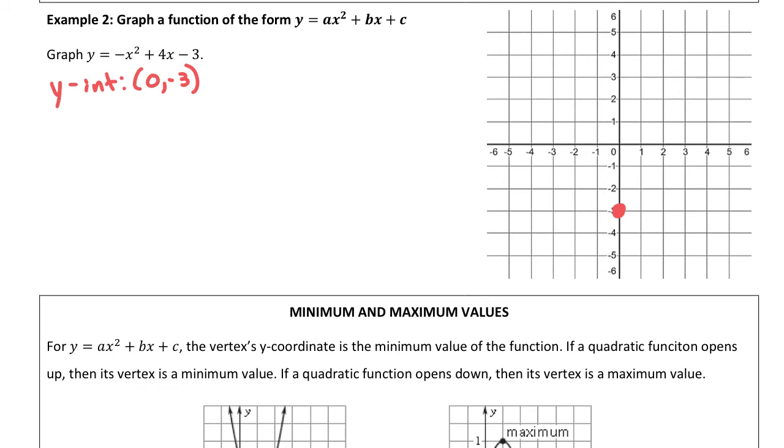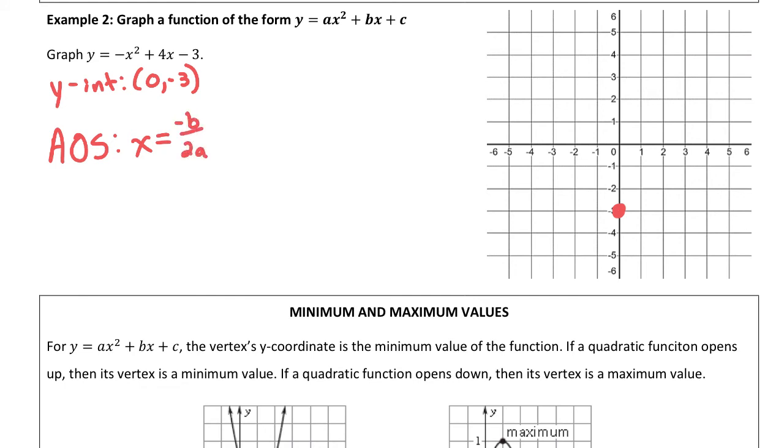Now, the next thing is to find our axis of symmetry. And you're going to see me use the letters AOS, just an abbreviation, that's all. So AOS. So our axis of symmetry is that line x equals -b over 2a.